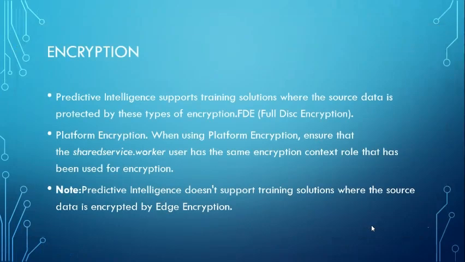Encryption. So, if you have FTE encryption or you have platform level encryption, predictive intelligence can consider that data. However, if there is edge encryption enabled for a ServiceNow instance, then it won't work.